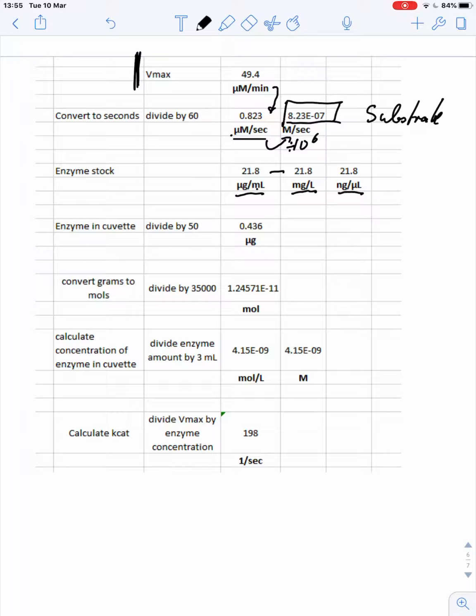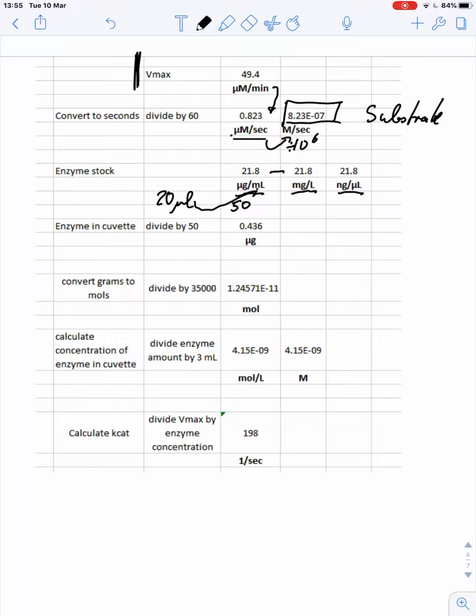Now, we know that we used 20 microliters of the enzyme, and therefore we know that 20 microliter goes into 1 milliliter 50 times.